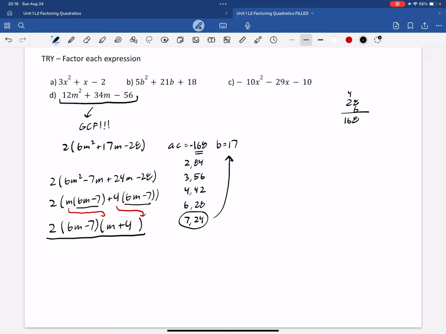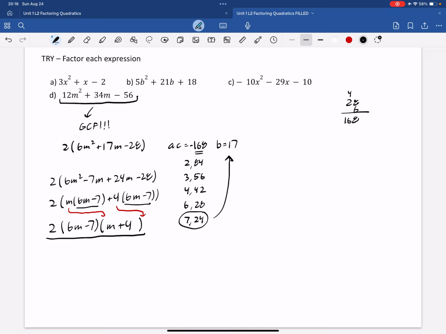Let's do one more. Let's do like maybe B. Sure. I was going to do C, but no, let's do B. Let's do C. I changed my mind. Okay. So C, this was D here.